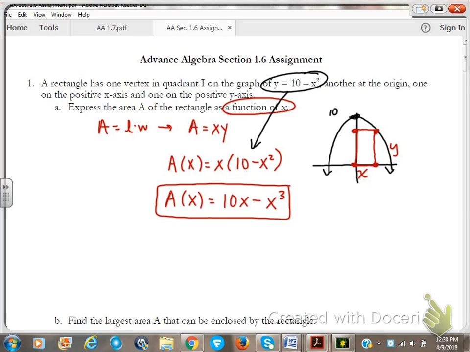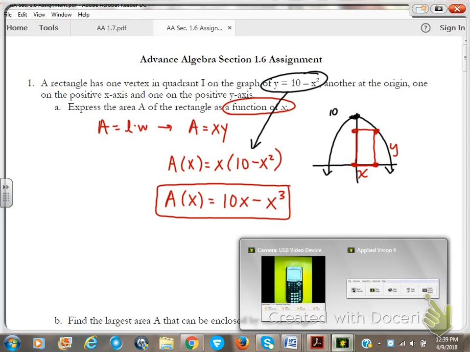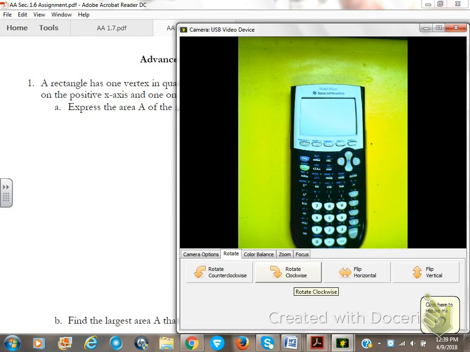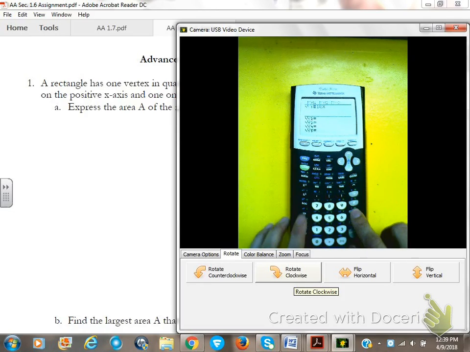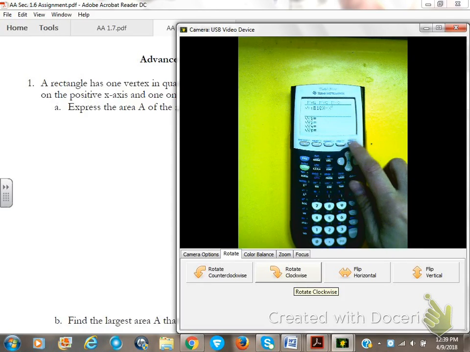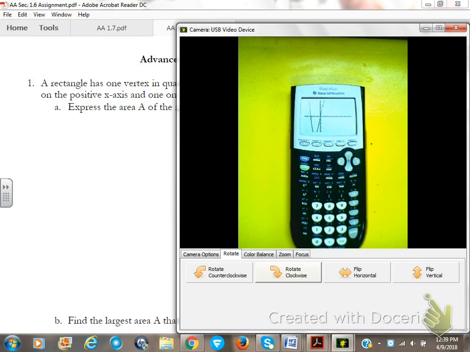Now part B is asking you to find the largest area that can be enclosed by this rectangle. So we're going to graph this equation on the graphing calculator and look for the maximum. So on your graphing calculator, 10x minus x to the third. It is a cubic, so we're going to expect it to have some curves to it.